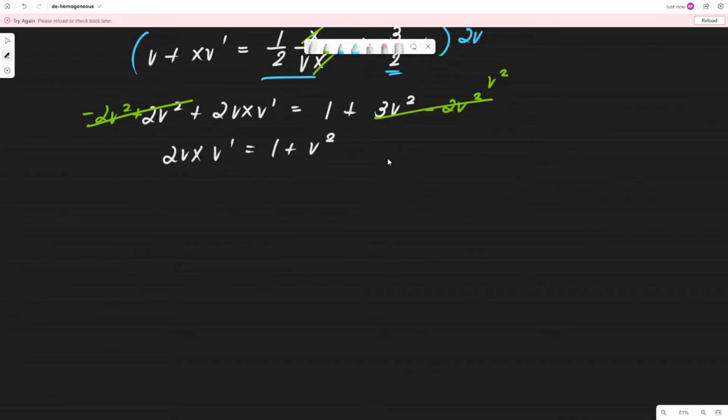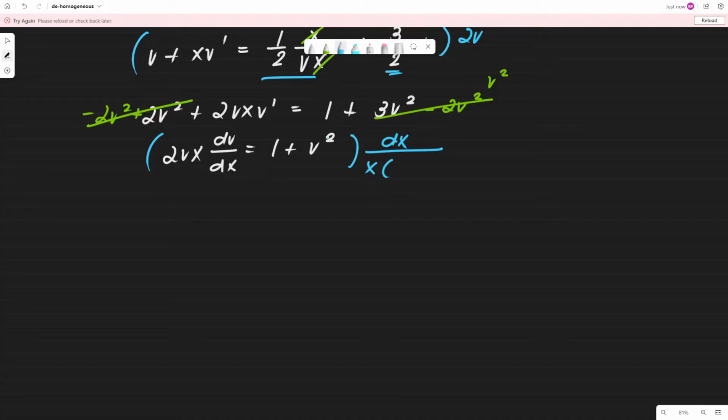Tapos, let us isolate. So, palitan ko na lang diretso yung v prime dito ng dv over dx. Ayan. Tapos, let's multiply the whole function by dx, so datang sa ibabaw si dx. Tapos, kailangan din natin mahiwalay si x, so we'll multiply x.